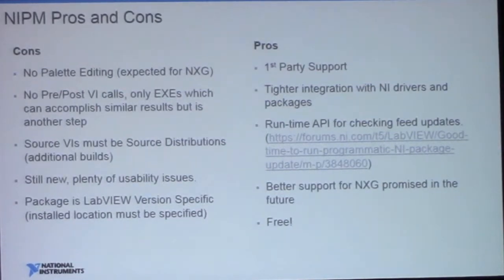And so one example that I haven't explored yet is you can have your application register for a feed on startup and look to see if there's a newer version of itself on that repository. And if so, prompt the user to update, which will spin off a new EXE that does the update, installs the new NIPM package, and then relaunches your application. And so this is the discussion where the beginnings of that are in place. So I suggest everyone check that out.